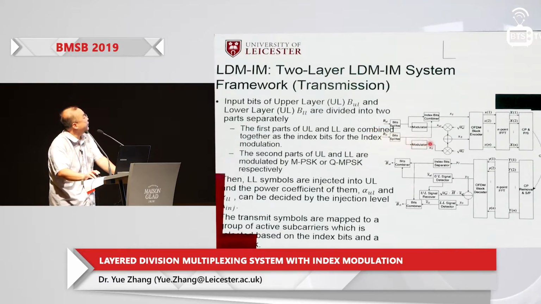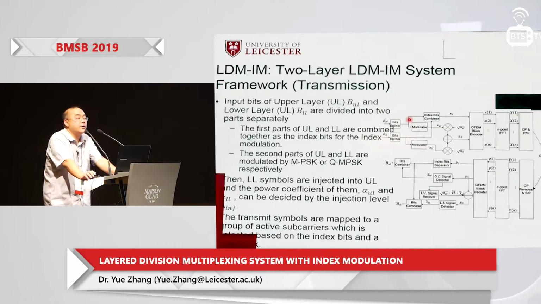Before we do the LDM part, we first split the 2 bits to provide for the index modulation. So we combine the index modulation and the LDM together. Before we do the OFDM IFFT, we first combine the IM data and the LDM data together, and then do the IFFT.